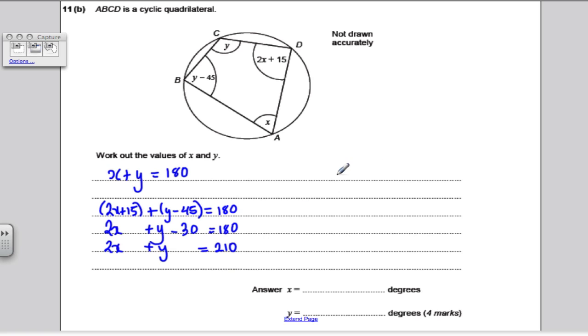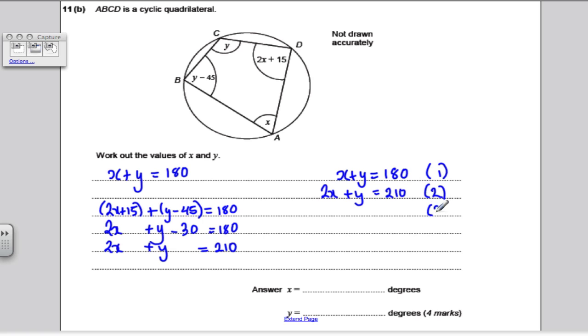So here are my two equations. x plus y is 180. They're simultaneous equations we're going to try and solve. And 2x plus y is equal to 210. Equation 2. The coefficient of the y in both cases is 1.